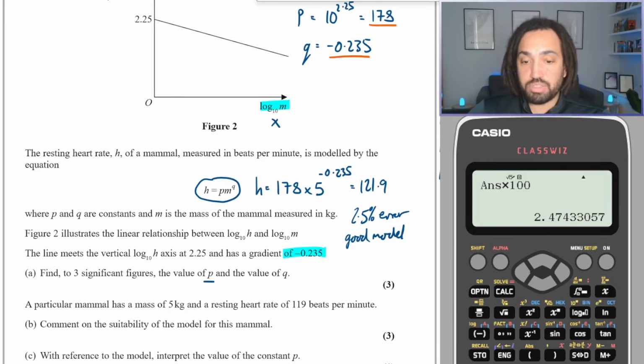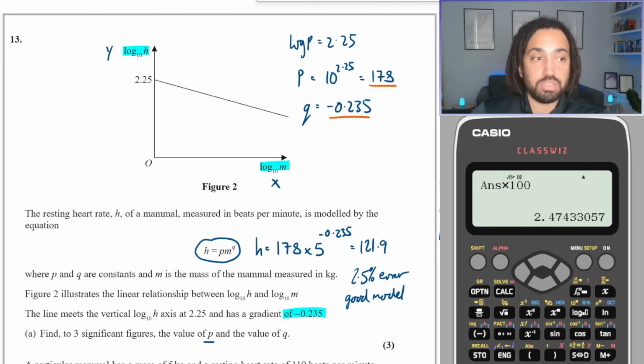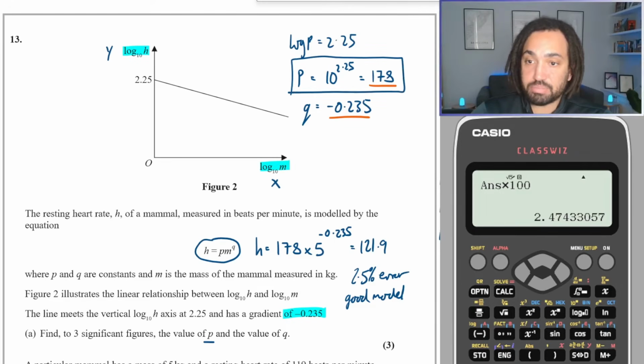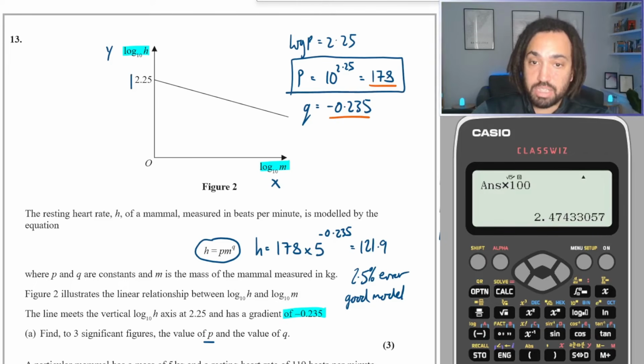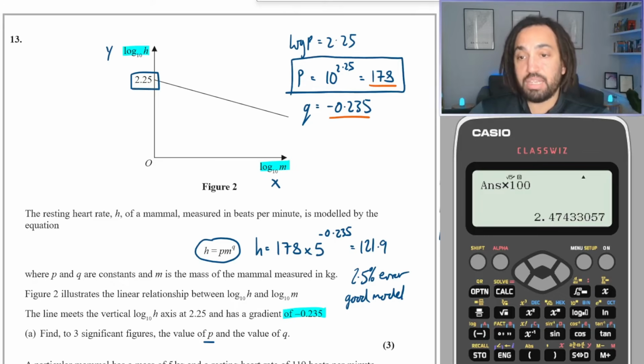Next it says, with reference to the model, interpret the value of the constant p. The constant p is, well, where did we find the constant p? Let's just go back up. The constant p we found via the intercept. Okay, so this was useful in finding the constant p.